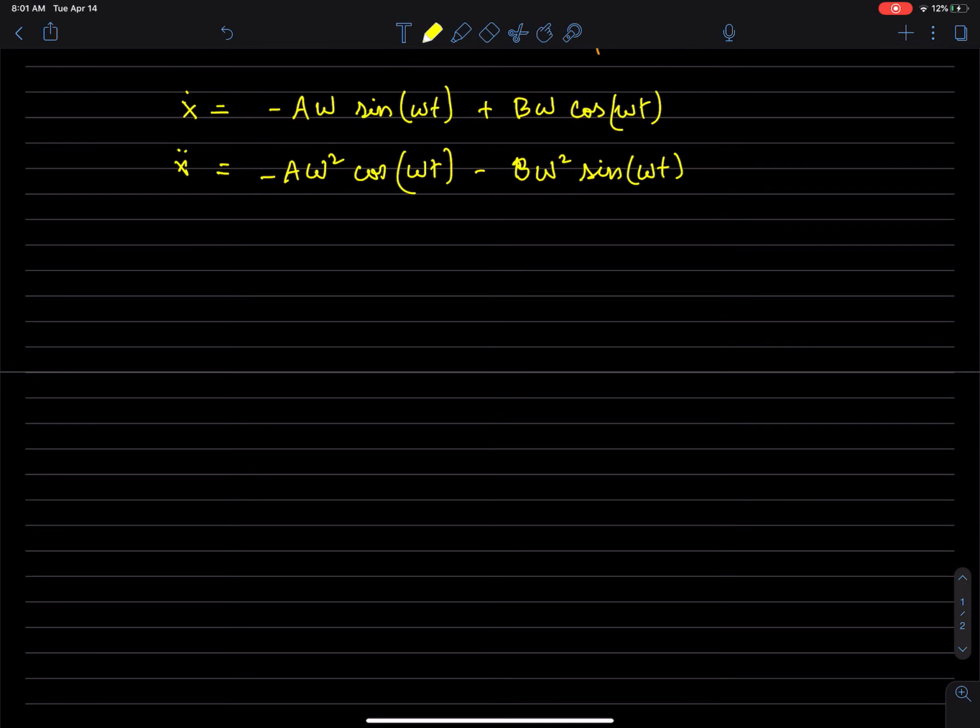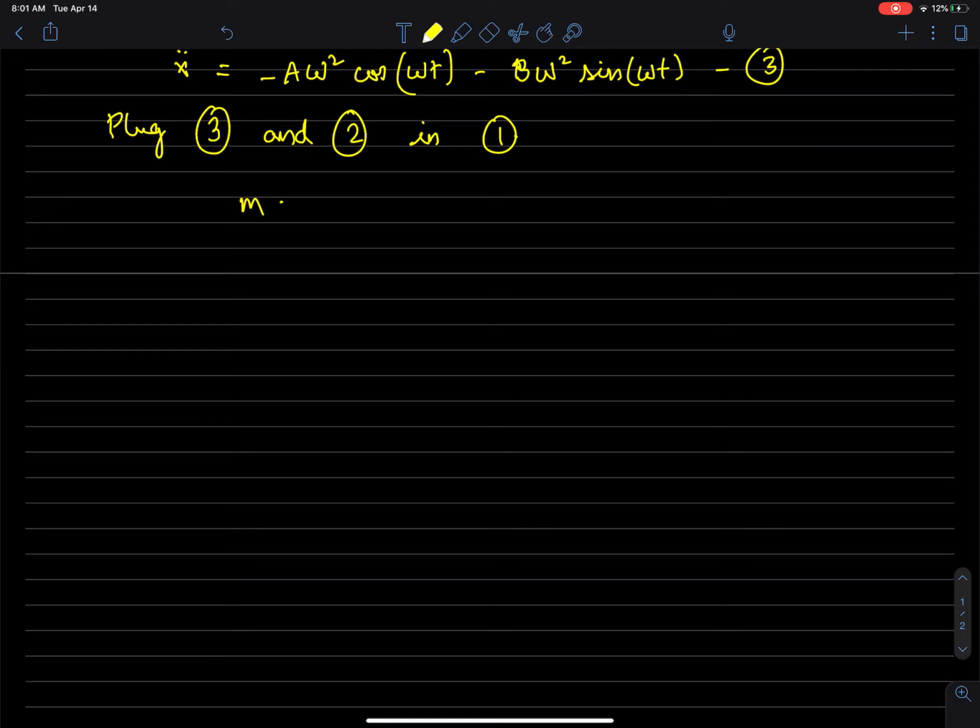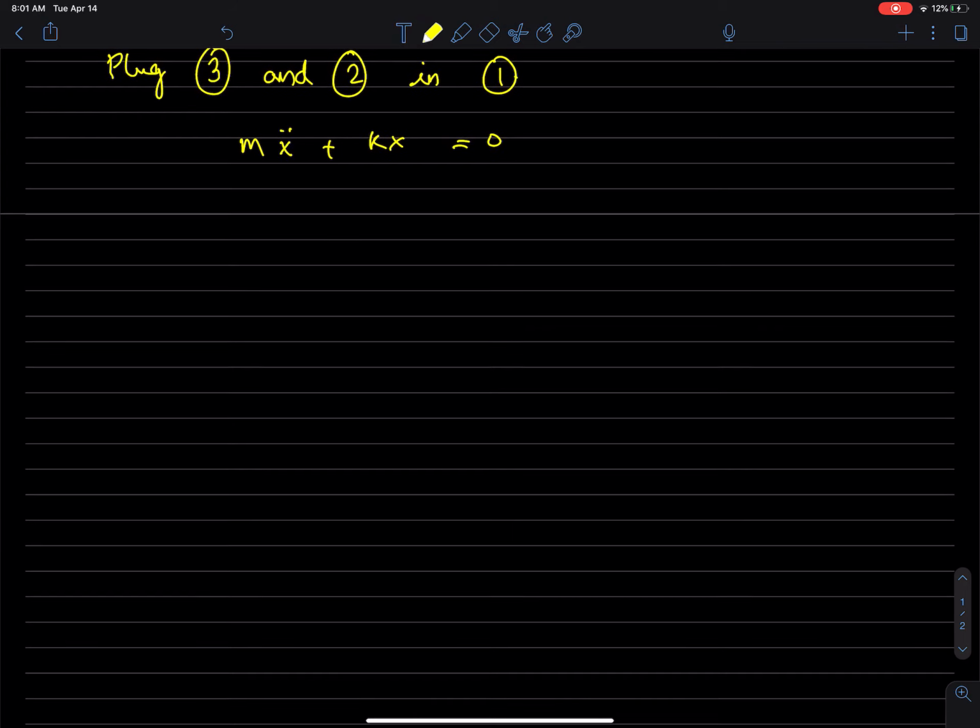So plug in 1. Let's call this equation 3. Plug 3 and 2 in 1. Recall equation 1 is m x double dot plus k x equal to 0.